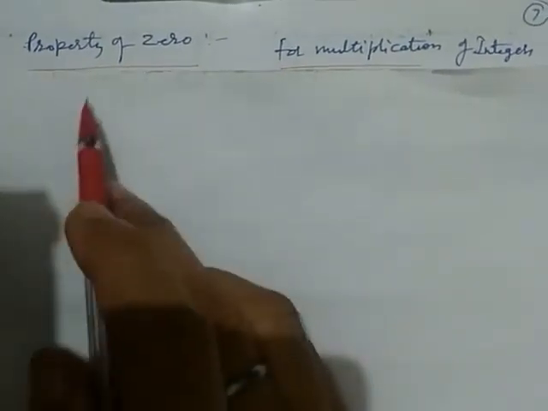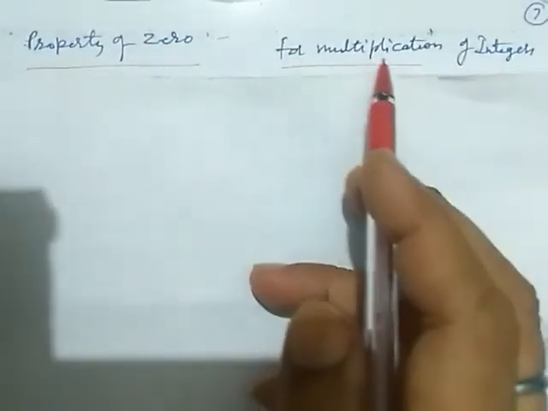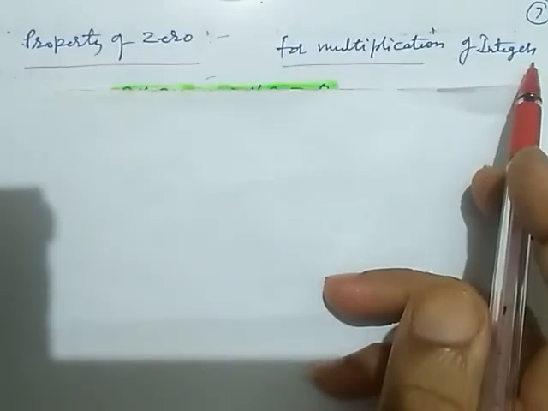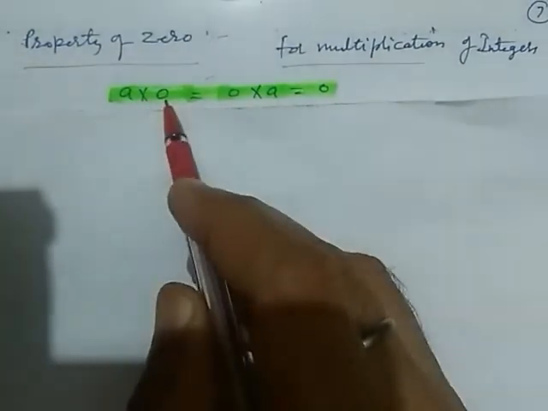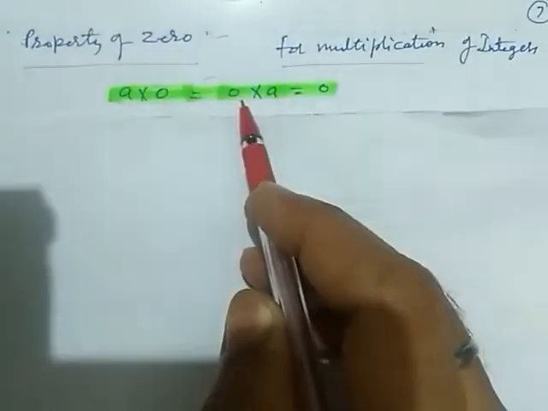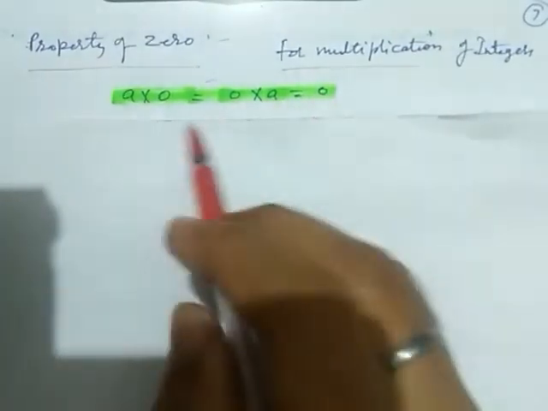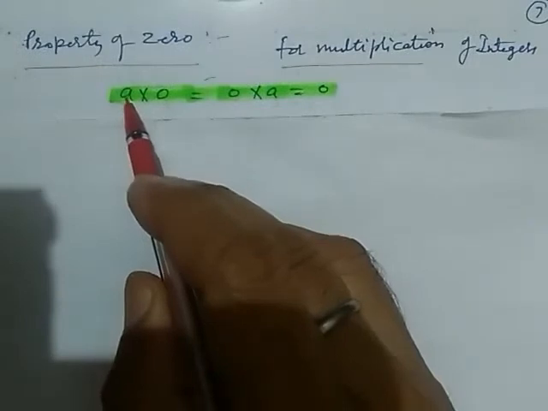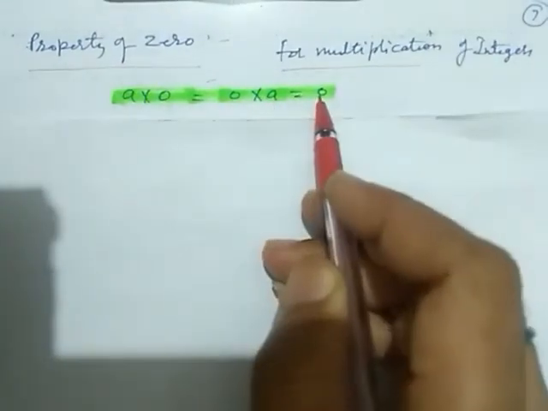Here we learn the property of 0. For multiplication of integers, a into 0 equals 0 into a equals 0. Here we change the order from a into 0 to 0 into a, but we still get the value 0.